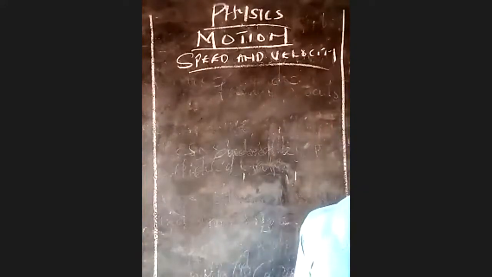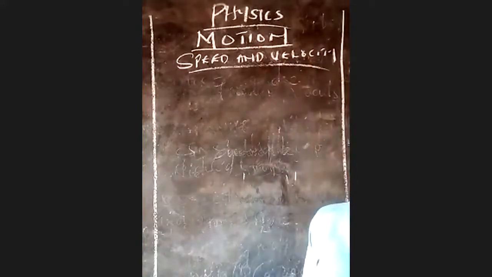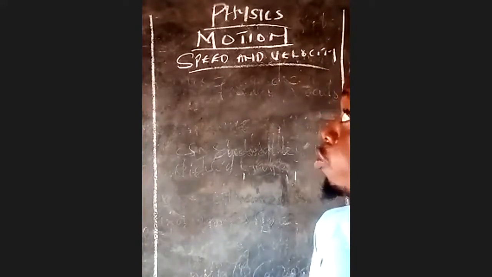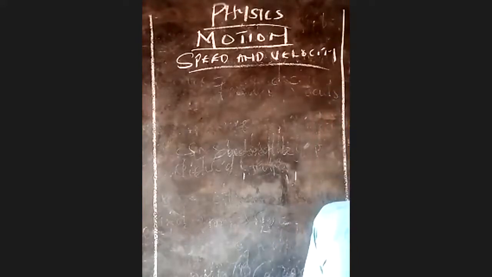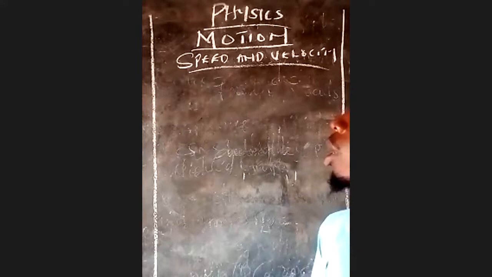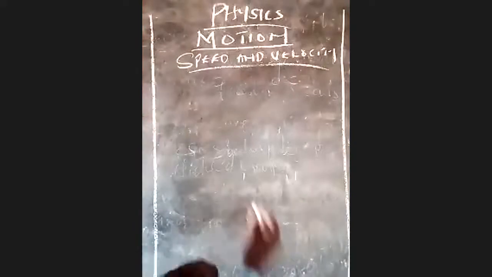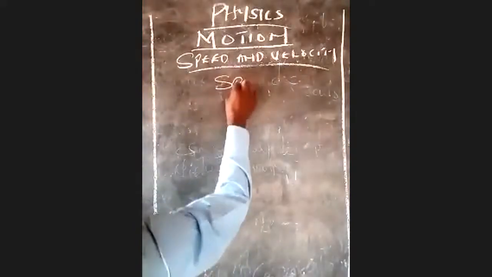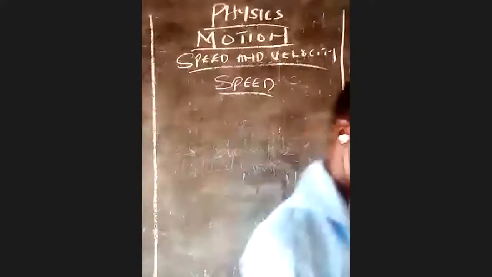We've talked about the types of motion and the examples. Today we want to move forward on that, and we'll be talking about speed and velocity. So let's first start with speed under motion.